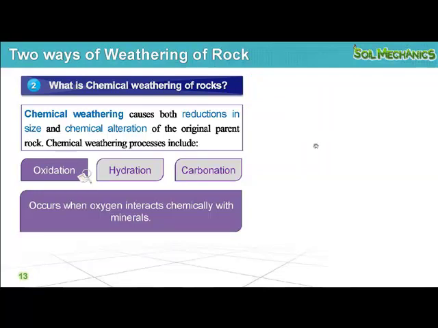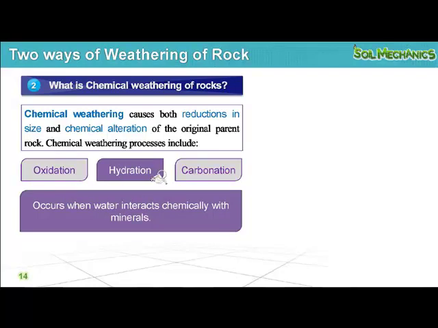Oxidation. Oxidation occurs when oxygen interacts chemically with minerals. We call this chemical weathering of rock by oxidation. It occurs when oxygen interacts chemically with minerals contained in the rock. And hydration.